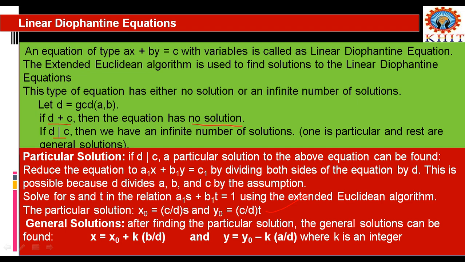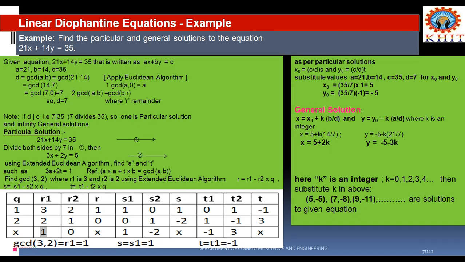Then the general y value is equal to y0 minus k into a by d, where k is an integer. These are the two formulas for getting the general x and y values. We will get multiple values here. The particular solution is x0 and y0. The multiple solutions are more pairs of x and y values.